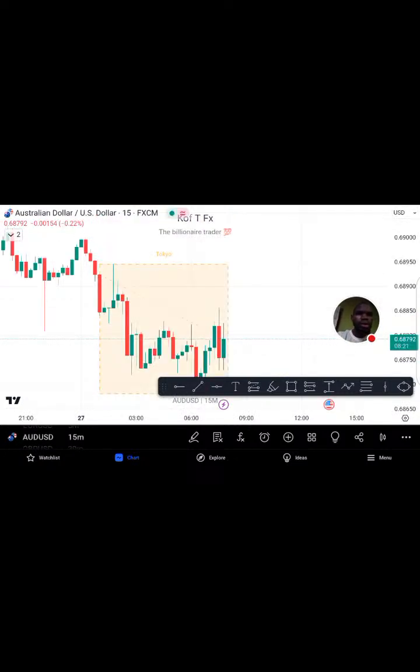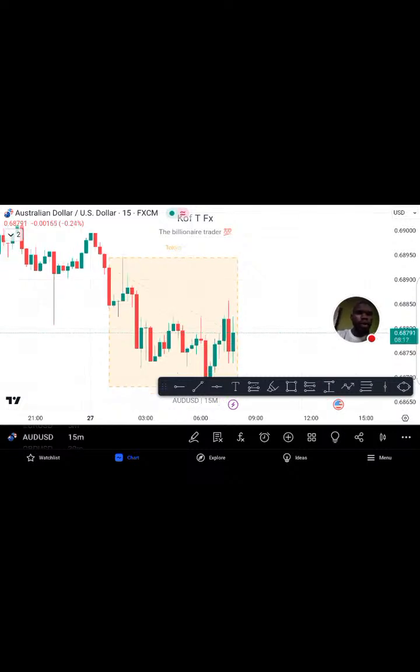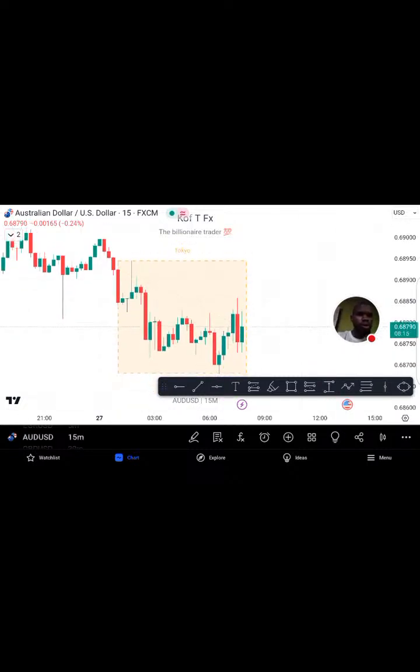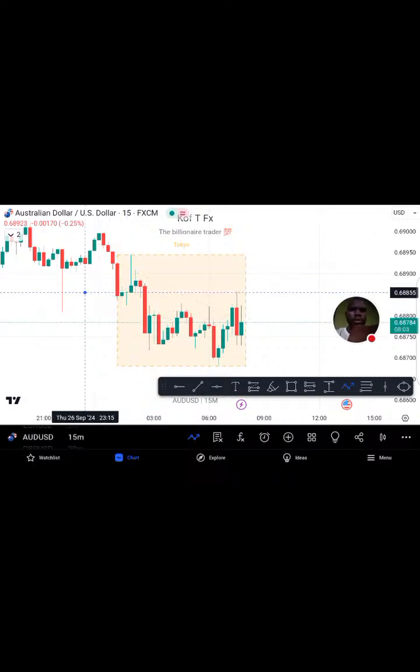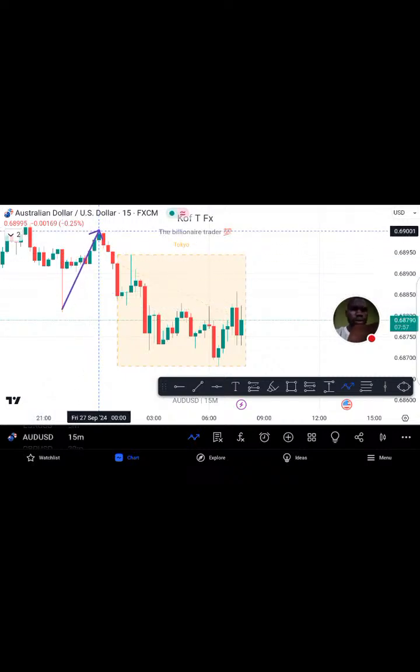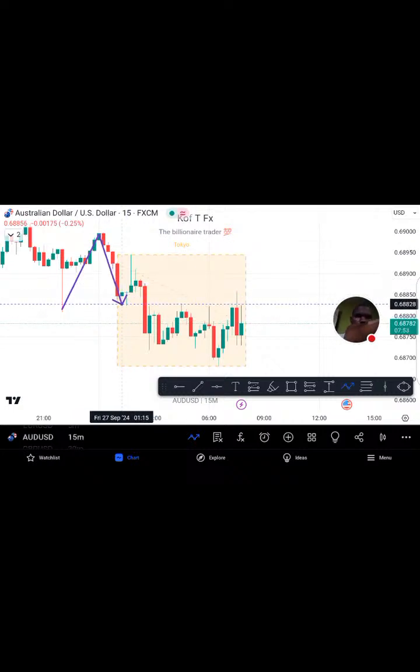Okay, I'm going to draw out the structure we have on AUDUSD as well to see if we have a trading opportunity. Like this, and yeah.